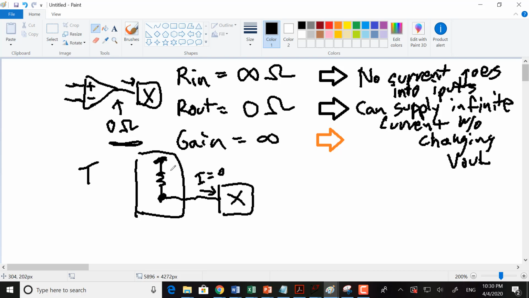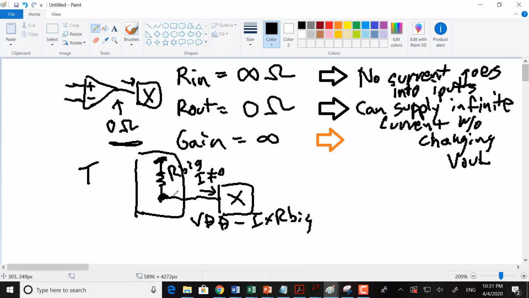But if this is a big resistance, and the current into your next circuit is not 0, now you're going to have a big voltage drop across here, and you'll be way far from VDD. You'll be VDD minus that current times your R big.